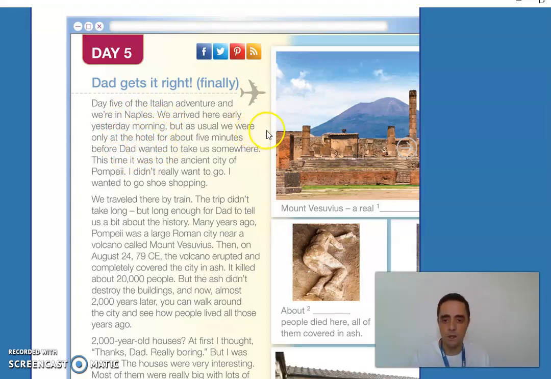So let's see. Okay, so last sentence of paragraph number 1. I didn't really want to go. So I have didn't and the verb want. So this word here, didn't, is going to indicate the simple past in the negative.